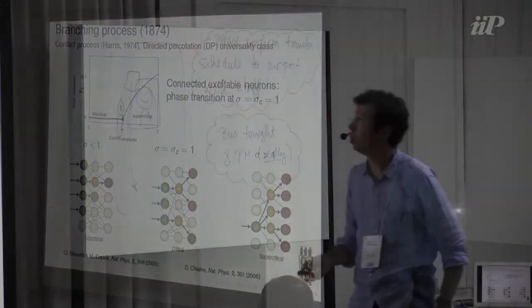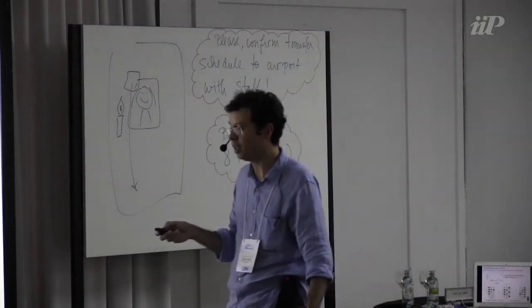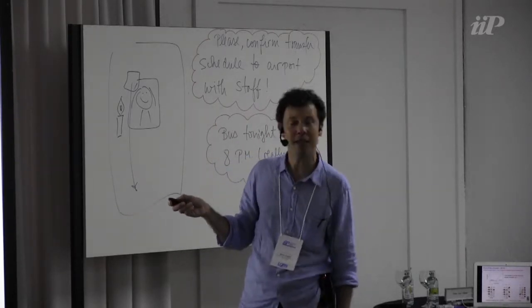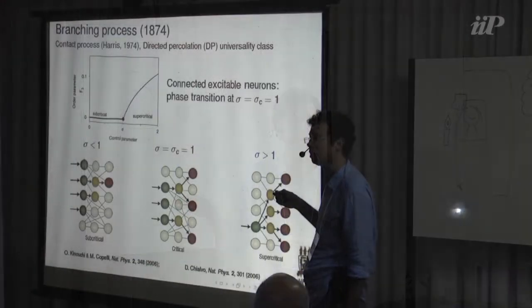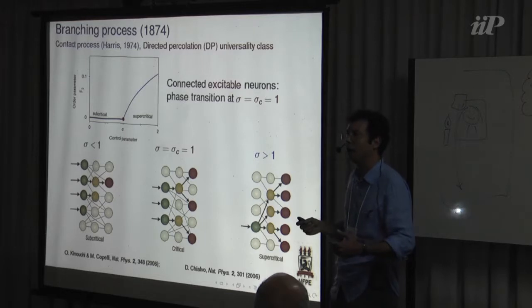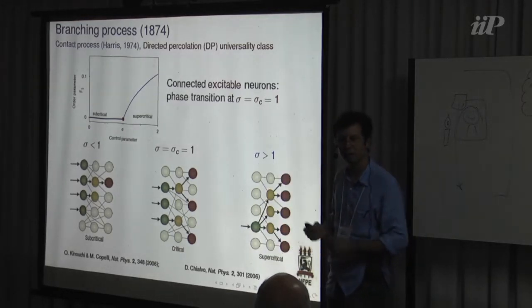Okay? So this model is very similar in spirit to the branching process, which is a model designed in the 19th century. Who was born here? Okay. To explain the survival of family names in Britain, right?